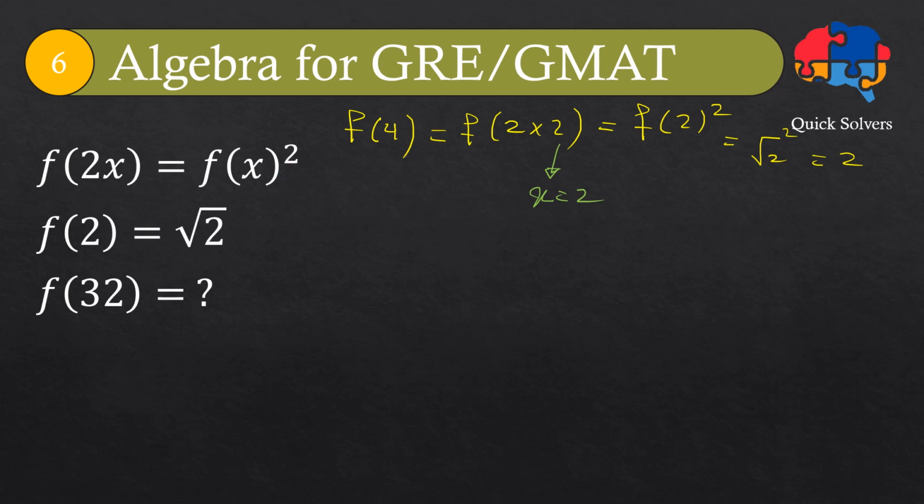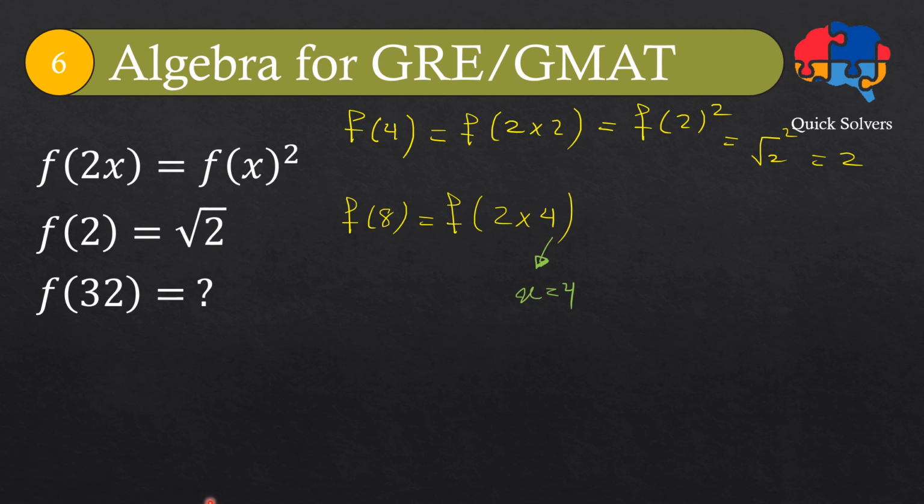And now in the next step, I'll use this fact and try to find f of 8. Why? Because I can write f of 8 as f of 2 times 4. And in this case, that means I am assuming that x equals 4.